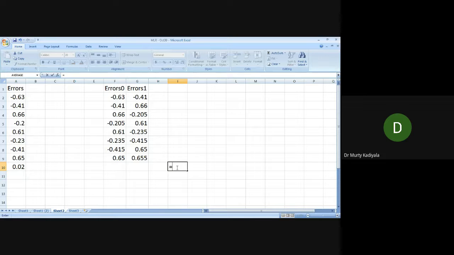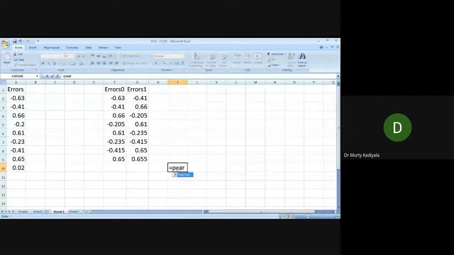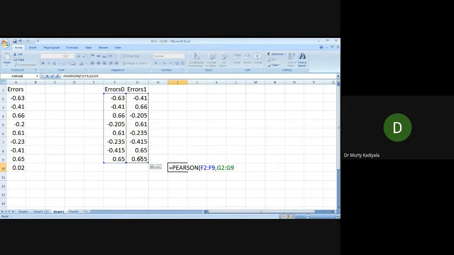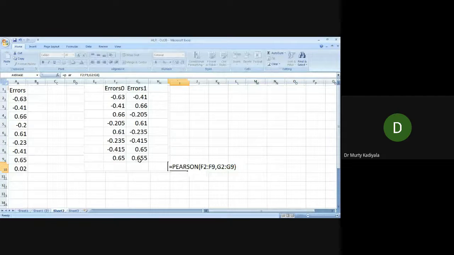In Excel, Pearson is a function. You can calculate correlation using that. How much is this correlation? Is it not close to 0? Yes, sir.